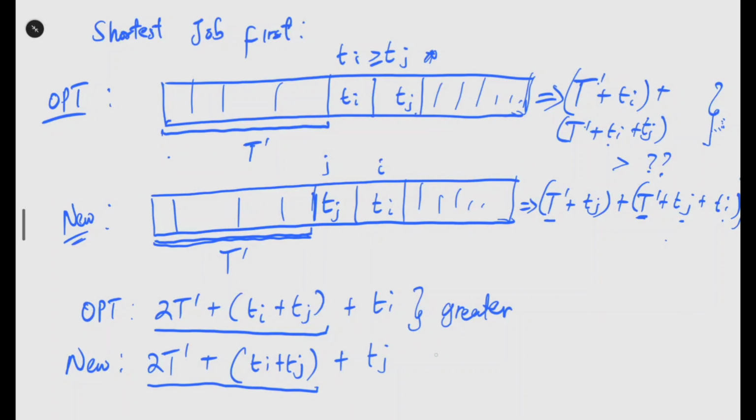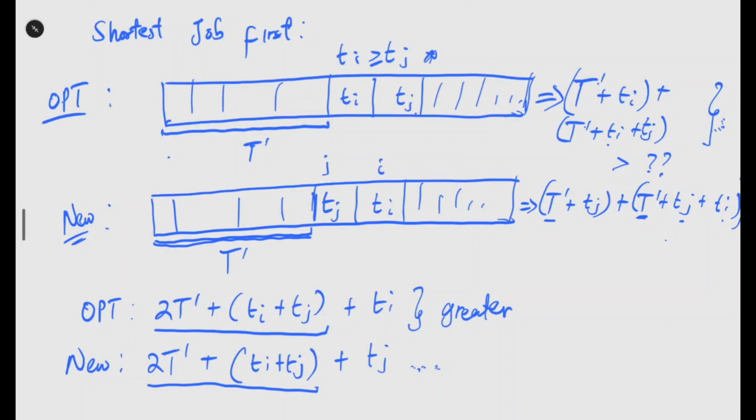new algorithm. So this means that when we work with shortest jobs first, the total wait time for all jobs decreases. So as TI is greater than TJ, I'm just recapping now, the total wait time for the new schedule does not increase. So this does not increase.